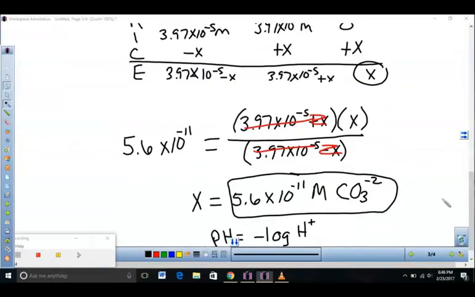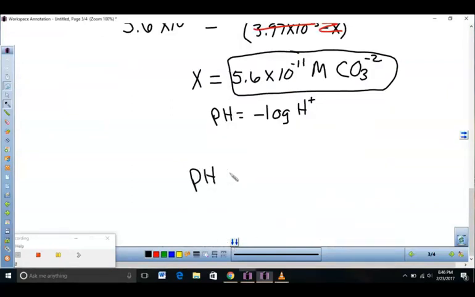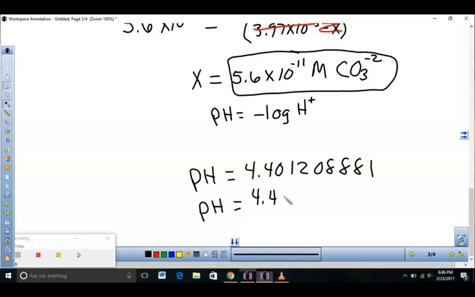And what we found out with those two different numbers, using the bottom equation, we got an answer that looked like this. Using the top and not the plus x, we got an answer that looked like this.